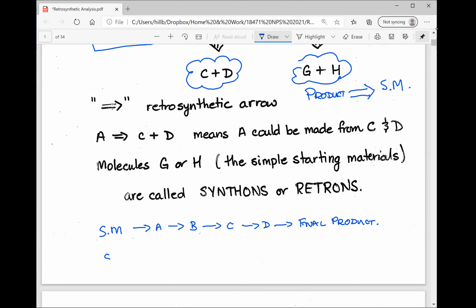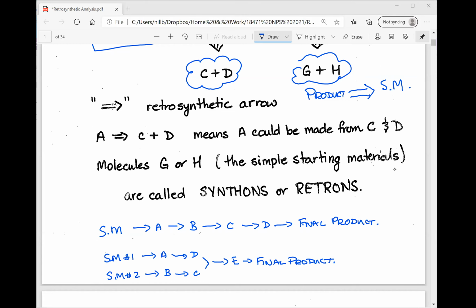And if you had starting material number 1, which made A, starting material number 2, which made B, B made C, A made D, and both of these come together to make E, that sort of synthesis had another type of name. Right, the first one's linear.